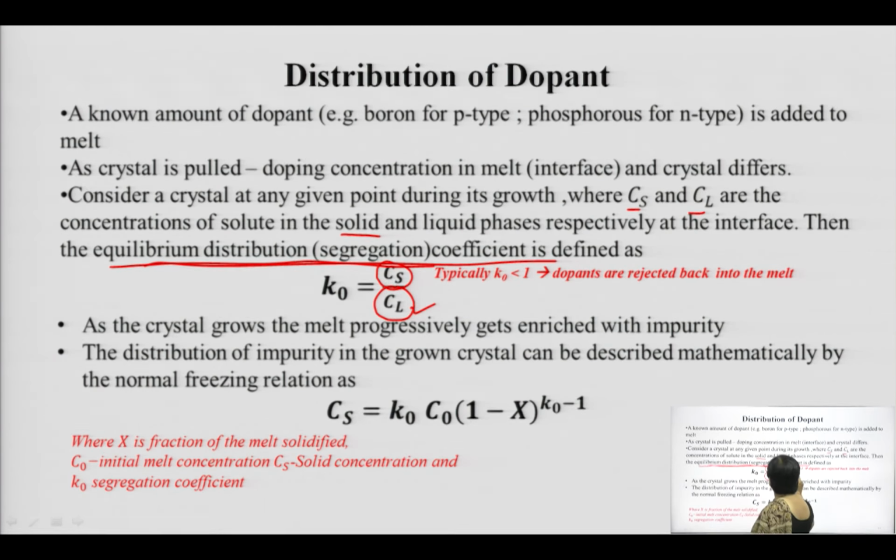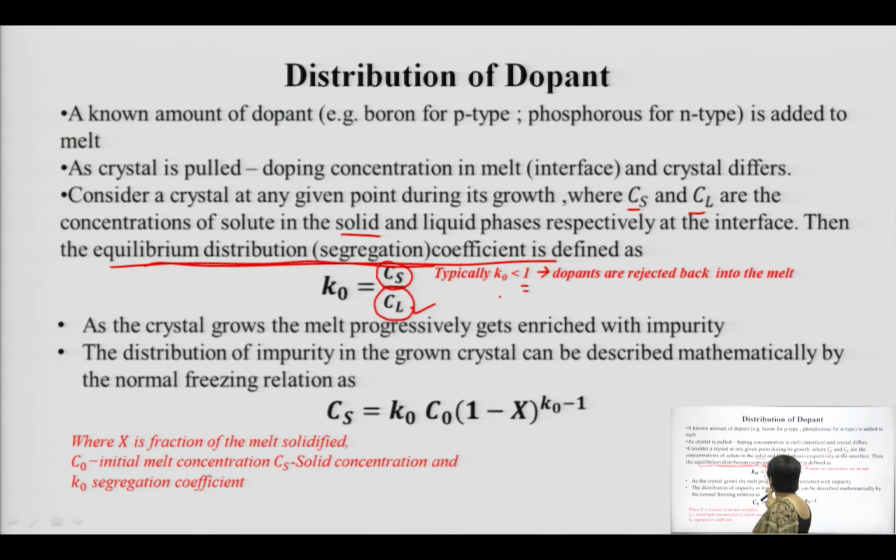This ratio is always typically less than 1, because as the silicon is solidifying, the dopants or the impurities are rejected, and the concentration of impurity in the molten silicon is increasing as the crystal growth process happens, except for oxygen and carbon many times. For some applications, you try to keep it this way.